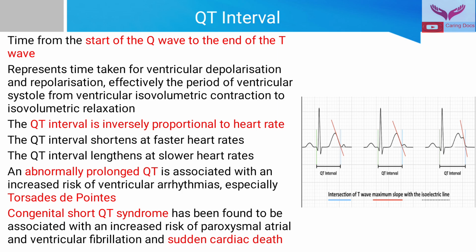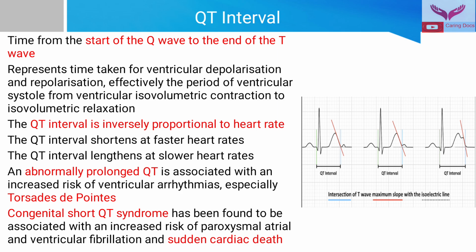QT interval is the time from the start of the Q wave to the end of the T wave. It represents the time taken for ventricular depolarization and repolarization, effectively the period of ventricular systole from ventricular isovolumetric contraction to isovolumetric relaxation.